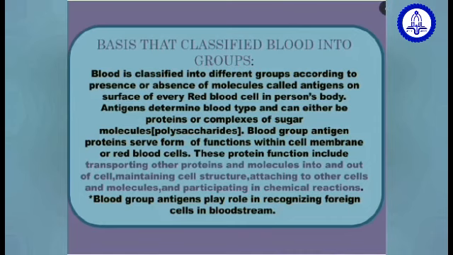These protein functions include transporting other proteins and molecules into and out of the cell, maintaining cell structure, attaching to other cells and molecules, and participating in chemical reactions. Blood group antigens play a role in recognizing foreign cells in the bloodstream.